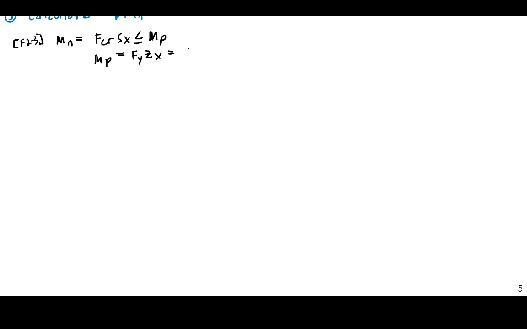So that's 50 ksi times the Zx that we got from our table, which is 172 inches to the third power. And this comes to 8,600 kip-inches. So whatever we get for Mn cannot exceed this.